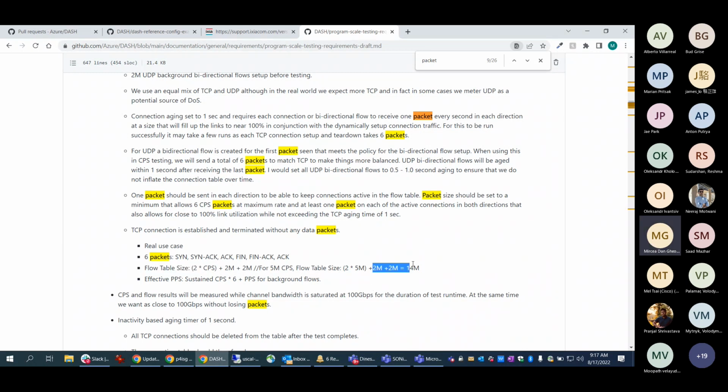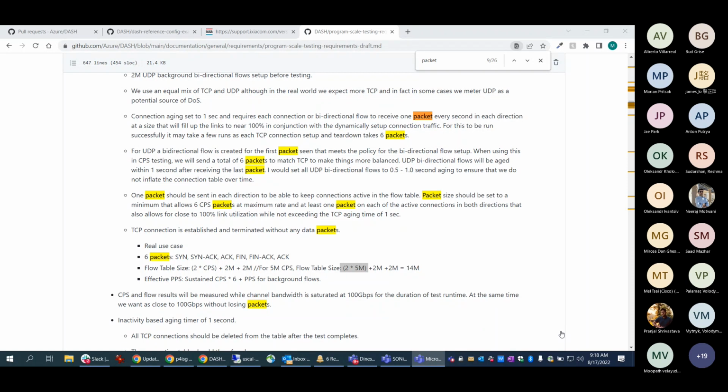Hey, I'm disregarding this background traffic. I'm talking about only this, because this is in question. The background is background that stays there. If you see here, it clearly says the TCP connection is established and terminated without any data packets. So a CPS TCP connection has to be 6 packets, right? And like John said, clarifying the lifetime of the CPS connection would help.